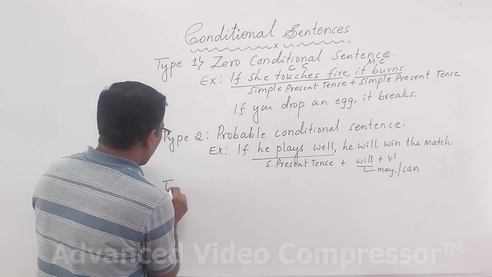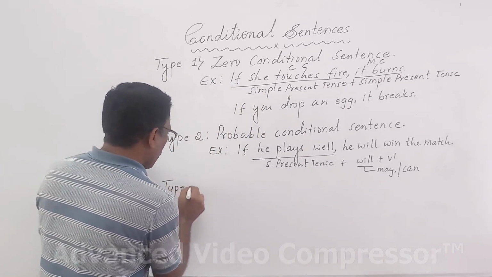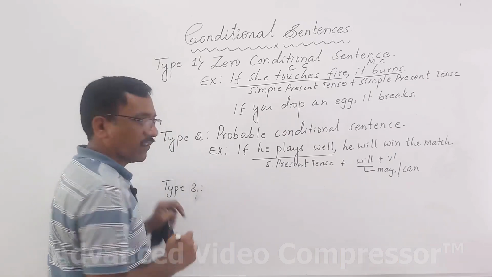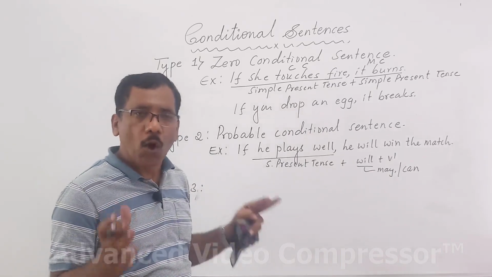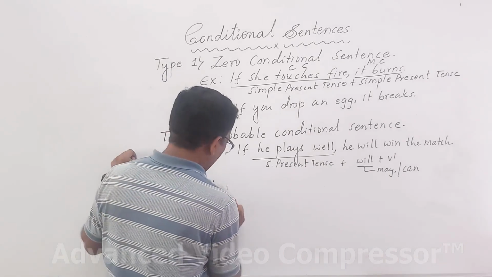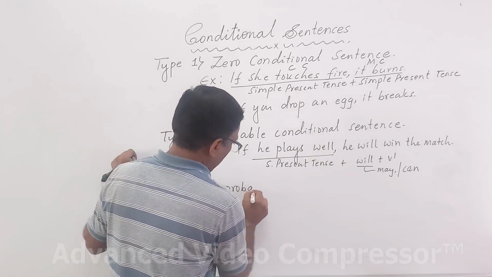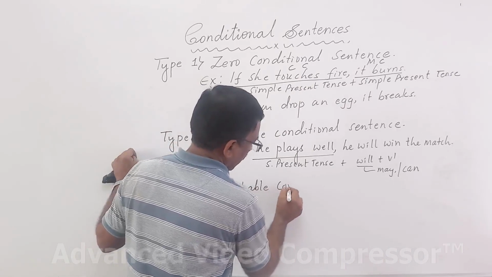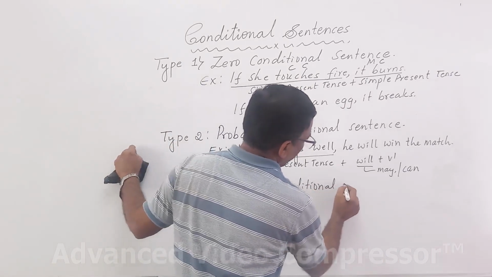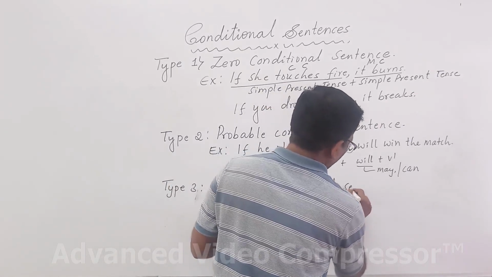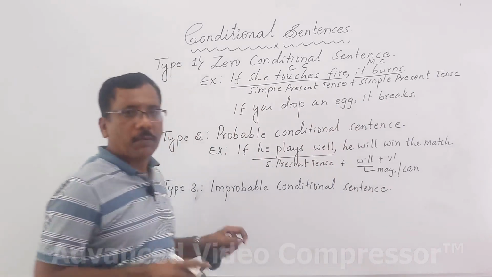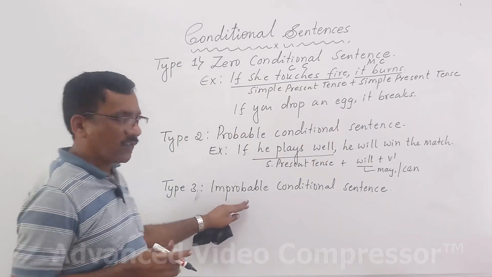Now let's move to type 3. Okay, type 3, that is improbable conditional sentence.